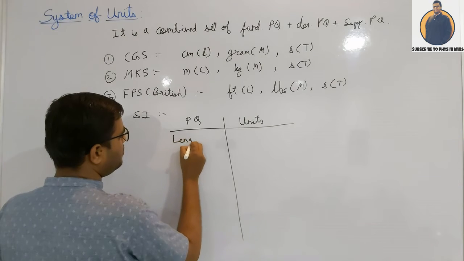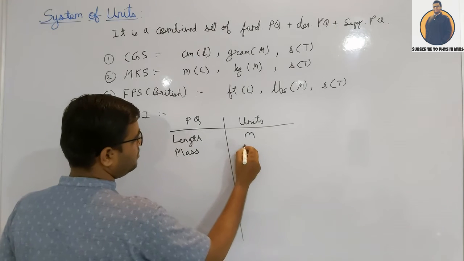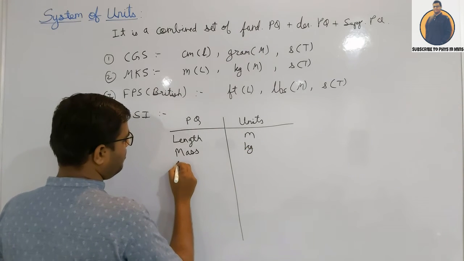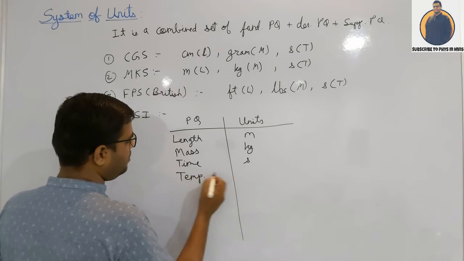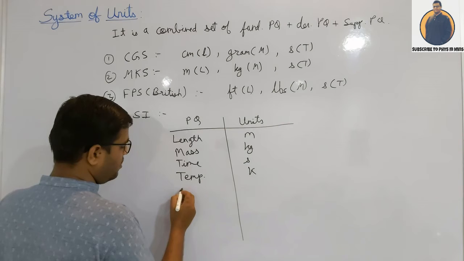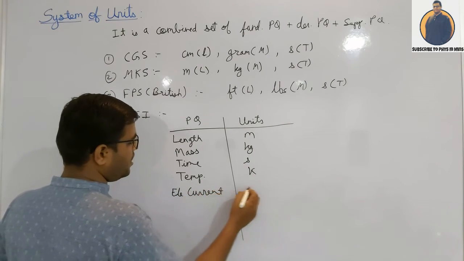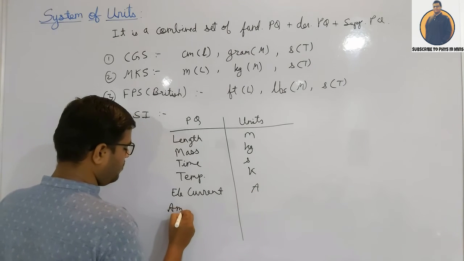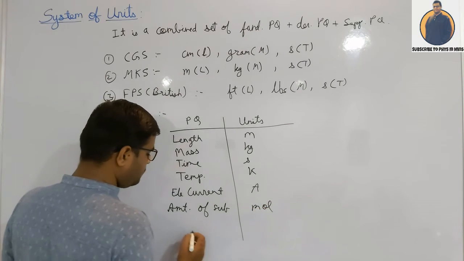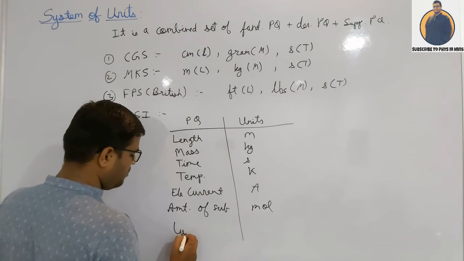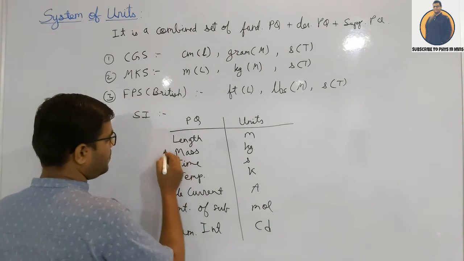We have length, which is measured in meter, then mass, which is measured in kg, then time, which is measured in second, then temperature, which is measured in Kelvin, then electric current, which is measured in ampere, then amount of substance, which is measured in mole, and finally luminous intensity, which is measured in candela, right?